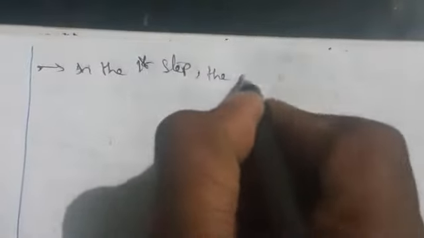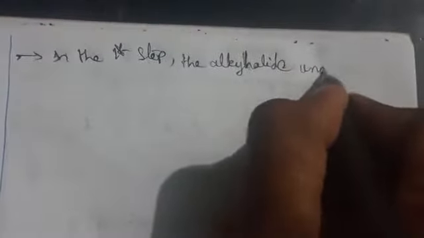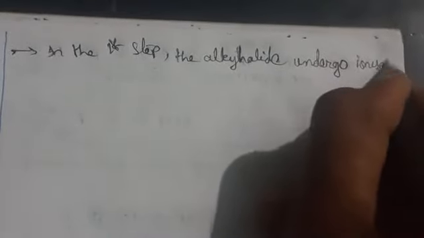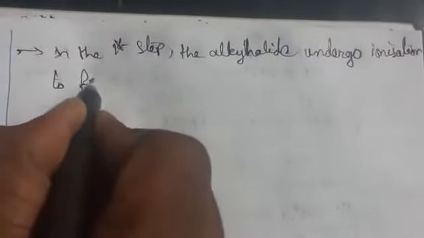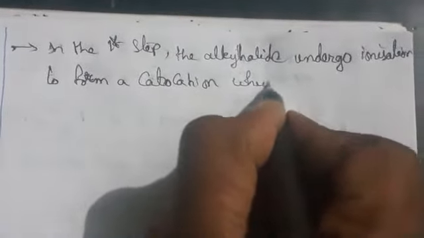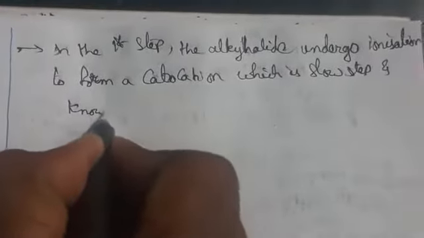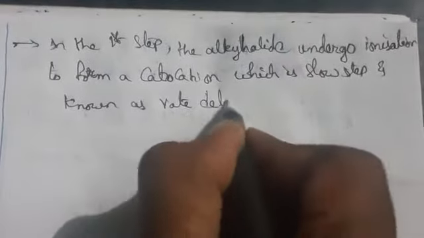In the first step, the alkyl halide undergoes ionization to produce a carbocation intermediate, which is the slow step and is known as the rate determining step.